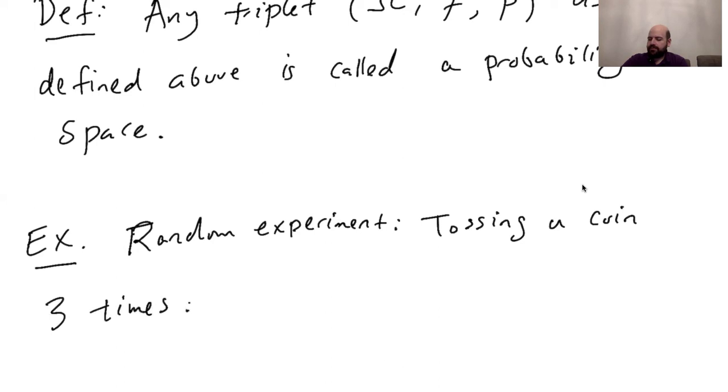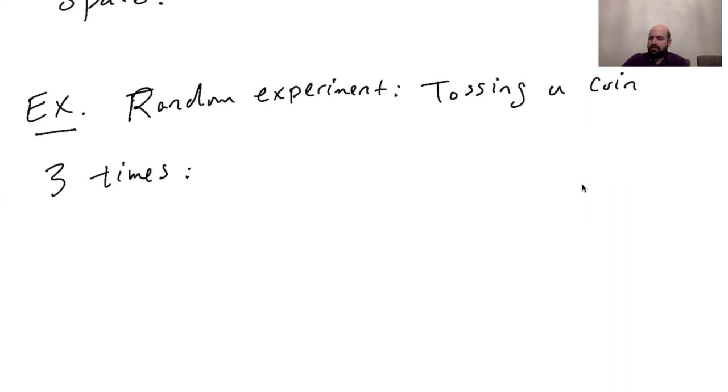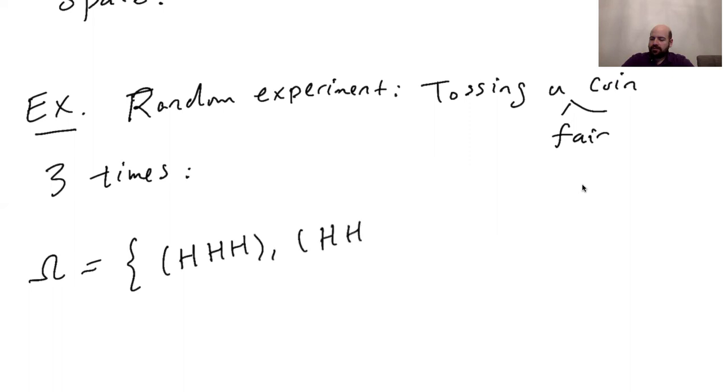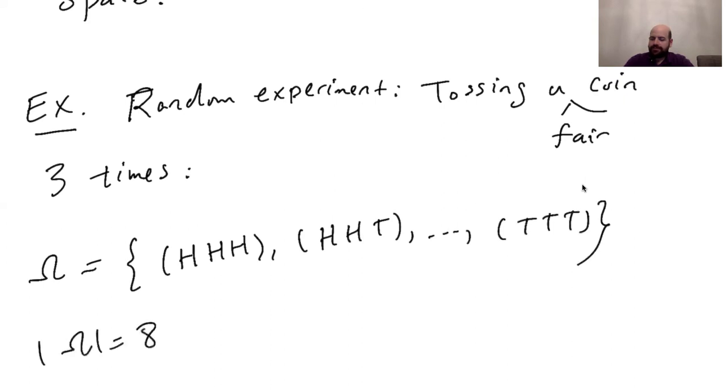It's a fair coin. Fair coin means the probability that you observe heads or tails is the same. So what is the set of all possible outcomes? Omega can be, when you toss a coin 3 times, you can observe head, head, head, or head, head, tail, and all the way to tail, tail, tail. So omega has 8 elements.